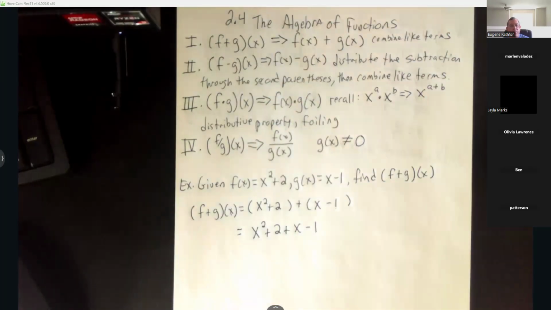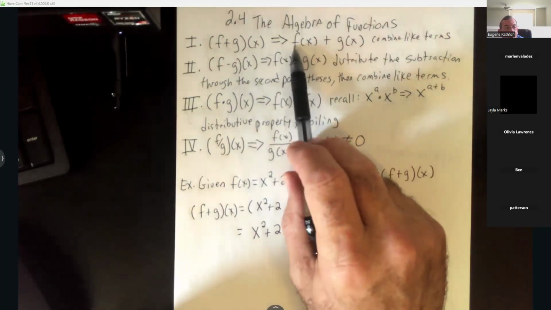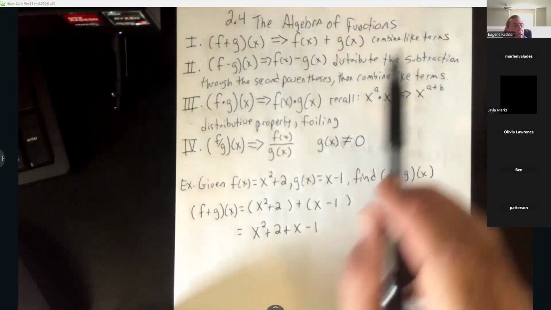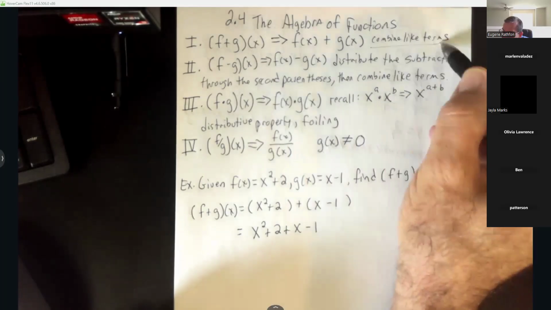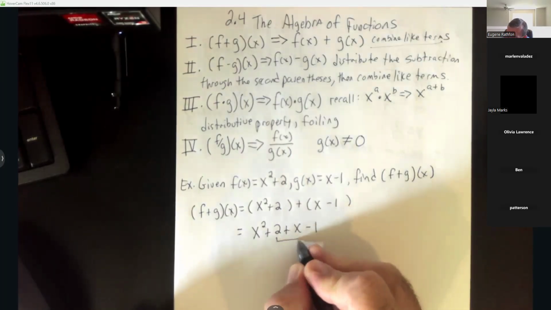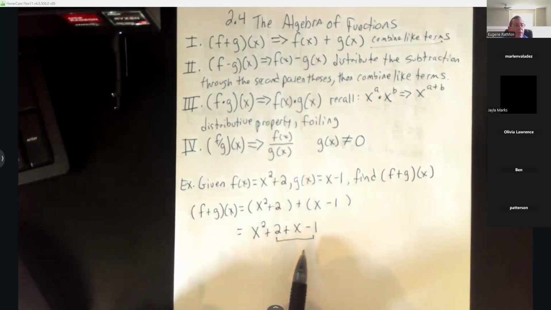Can you go any further on this one? Because remember, now we're just trying to simplify it. And we said up here on adding, y'all want to combine like terms. So Jada, good job. Because remember, we're going to combine like terms, and I do have some like terms there.